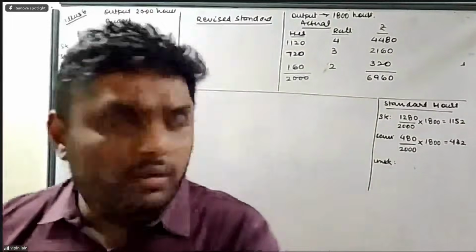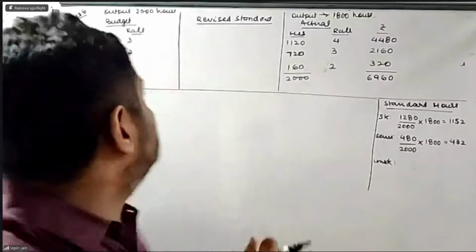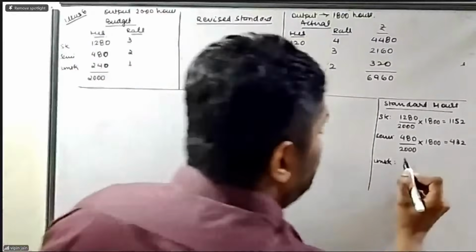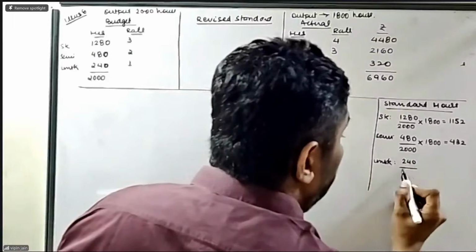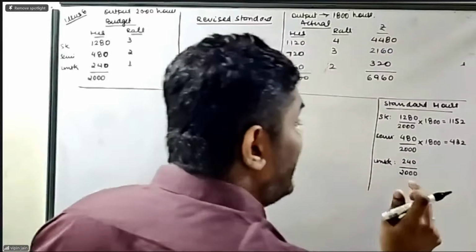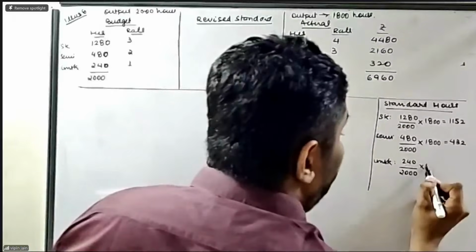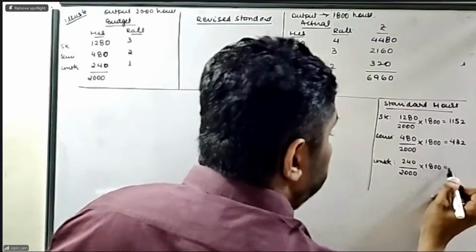Particularly in this question, only the output is given in hours. So herein also 240 hours for 2000 hours of output. So for 1800 hours of output, how much?